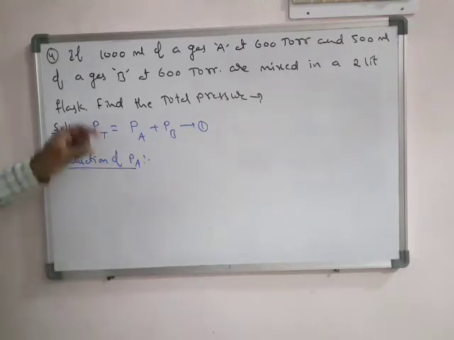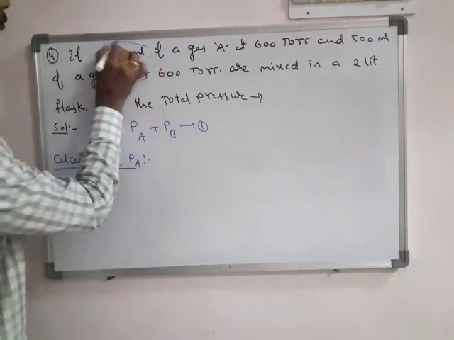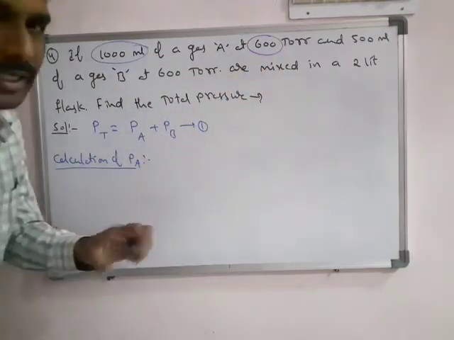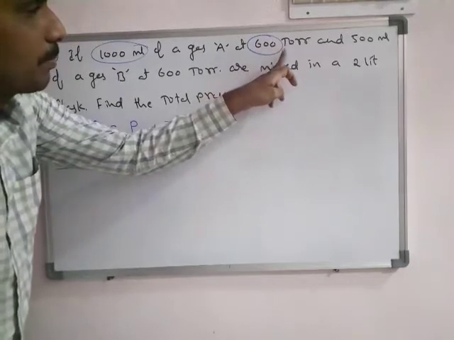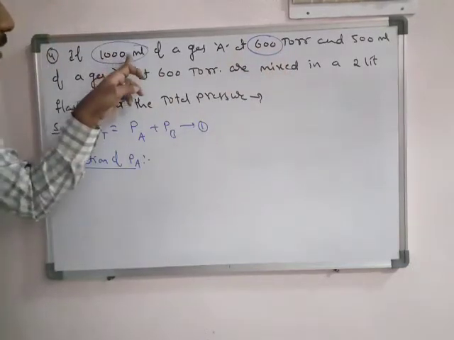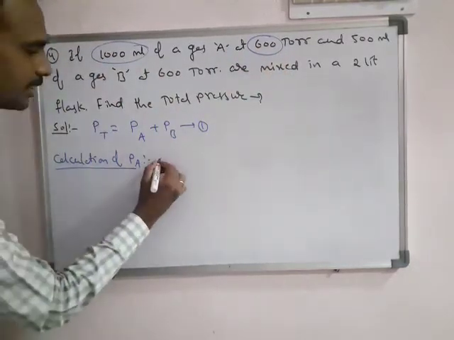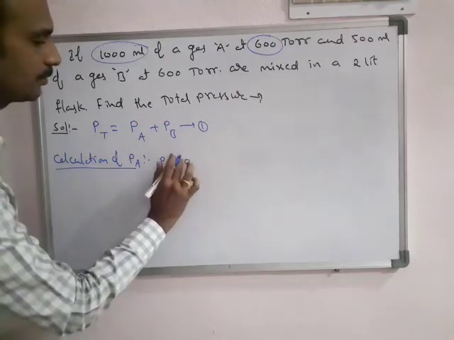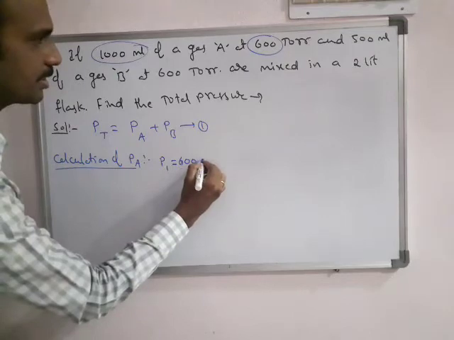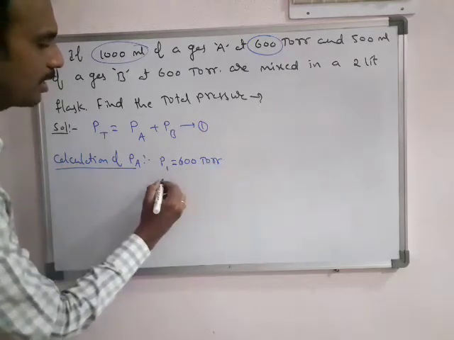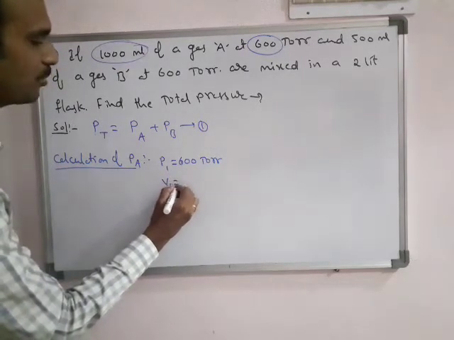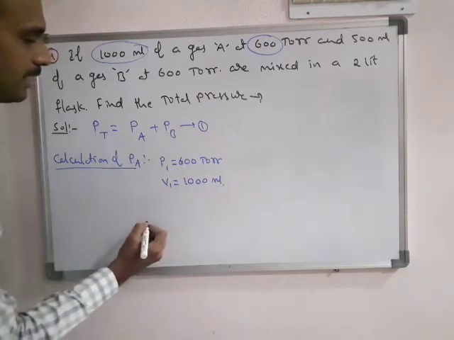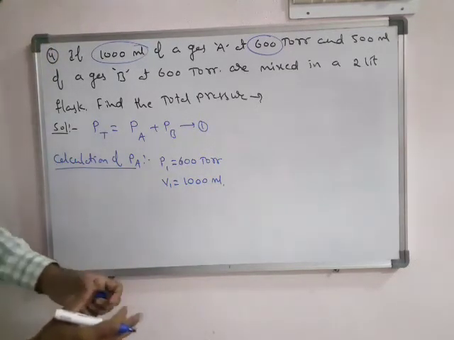Here the important thing is at what conditions gas A is present: 600 torr pressure, so P1 is 600 torr, and its volume at the time is 1000 milliliter.